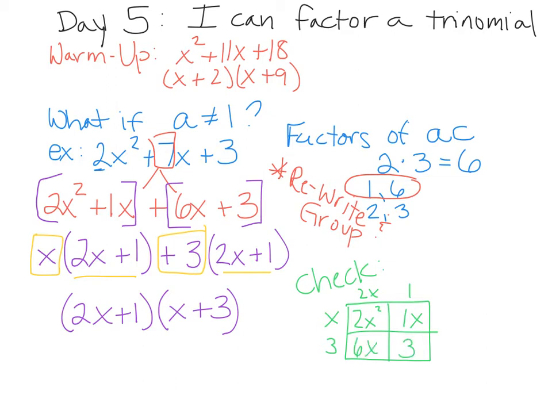Okay, so if we add all of this up, we've got 2x squared plus 7x plus 3. Hey, that's what we started with. It checks. Okay, so we're going to go through this process again on another example. Take some time, process this, be ready. We're moving on.